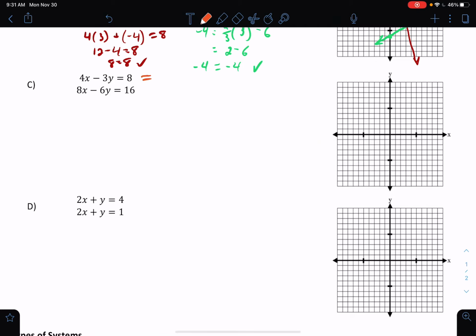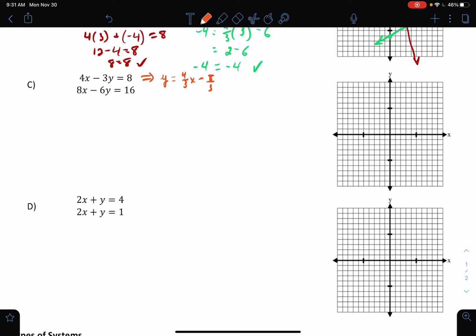Let's transform this first one into slope-intercept form. I subtract both sides by 4x, divide everything by -3, and then I'll get y equals 4/3 x minus 8/3.